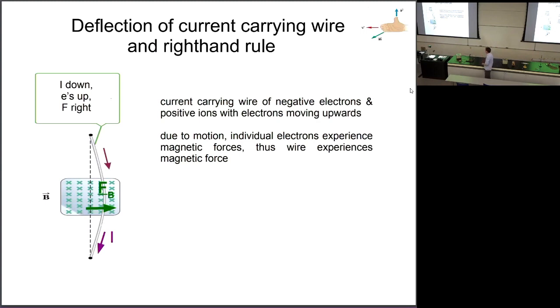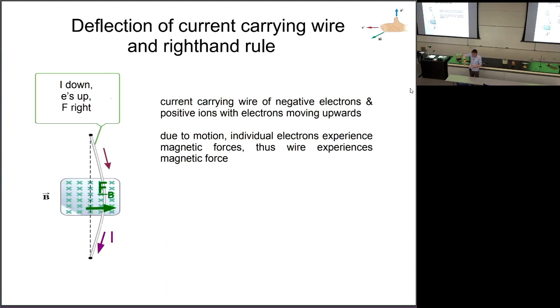And we can figure out what the force on this wire is. What is the sense, the direction of the force on the wire? So again, I'm belaboring the right-hand rule, but I'm going to point the palm of my right hand in the direction of the current now. The current is down in this picture.